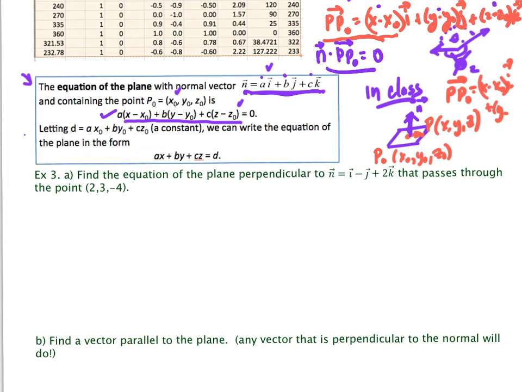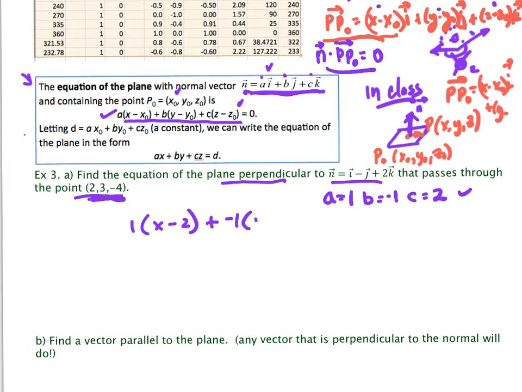Read example number 3, and we want to write the equation of the plane perpendicular to this normal that passes through this point right here. So straight away I can find a, b, and c for my equation, and then I have my x naught, y naught, z naught, and so I can just go 1 times x minus 2, plus negative 1 times y minus 3, and then plus 2 times z plus 4.